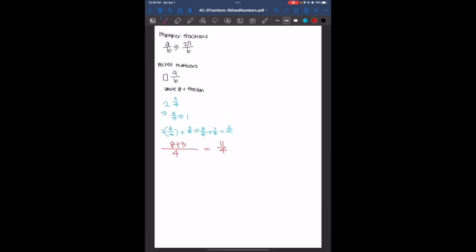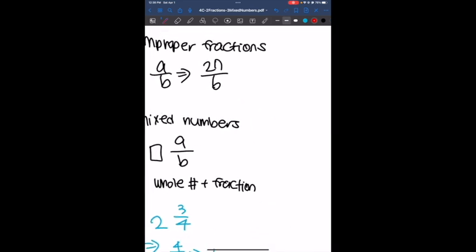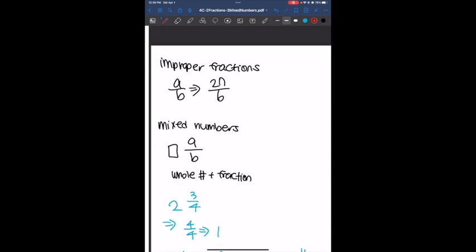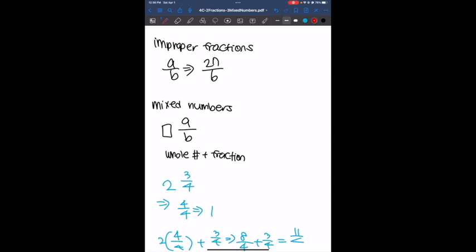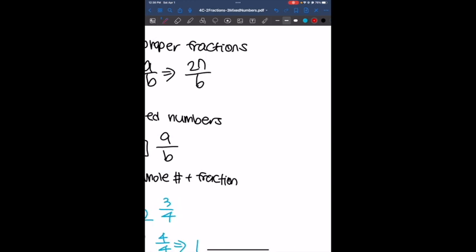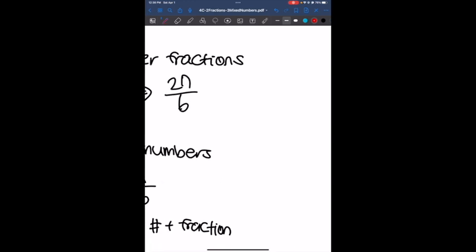And so now we should also learn about vice versa, and what we should do when we convert from improper fractions to mixed numbers. So for example, if we have an improper fraction like 27 over 6, you first want to figure out a multiple of the denominator that is closest to the numerator but is still smaller than the numerator.